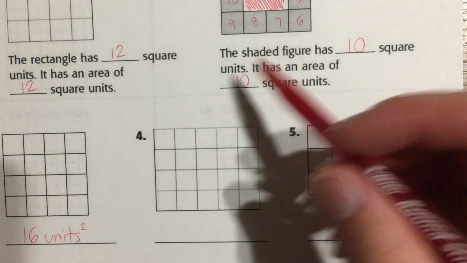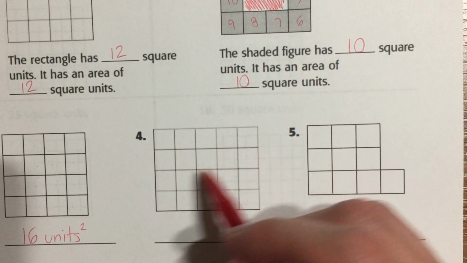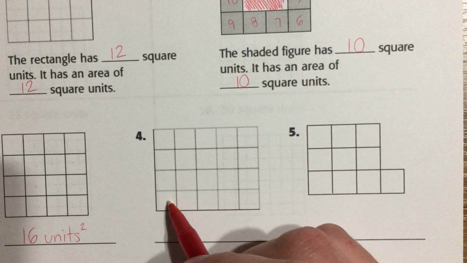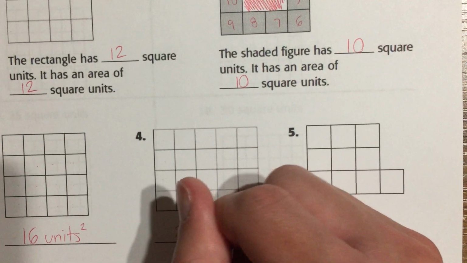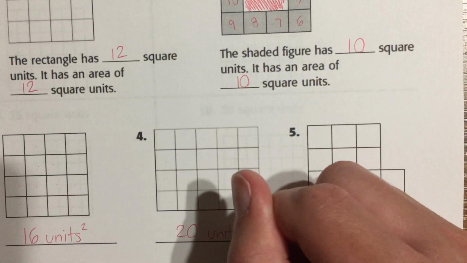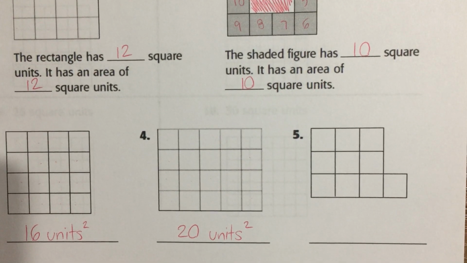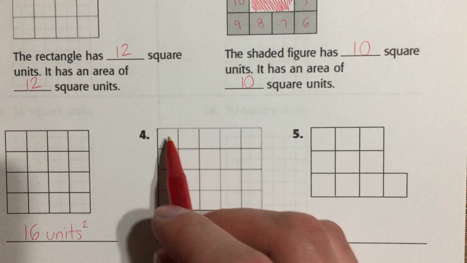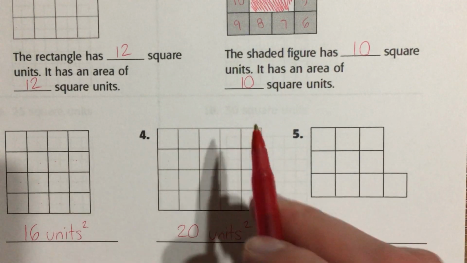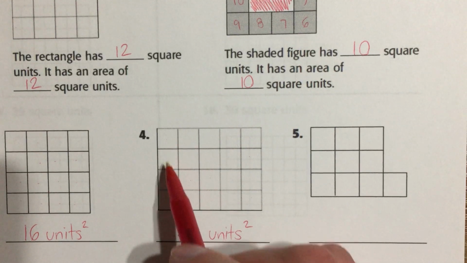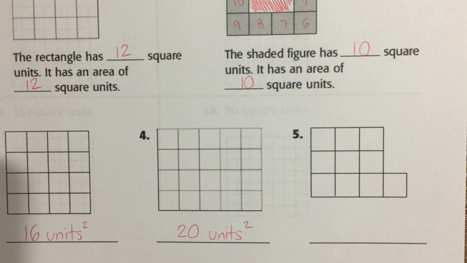Number 4. Once again, we have a rectangle here. We have 1, 2, 3, 4, 5, 6, 7, 8, 9, 10, 11, 12, 13, 14, 15, 16, 17, 18, 19, 20 square units. Or 20 units squared. Now, once again, going side to side, there's 1, 2, 3, 4, 5 squares in each row, and there's 4 rows. 4 times 5, if we know our basic math facts, that's 20 as well.